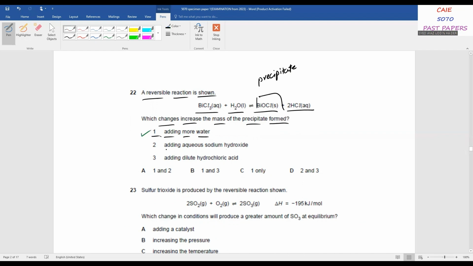Number 2, adding aqueous sodium hydroxide. What will happen if you add aqueous sodium hydroxide? Sodium hydroxide will react with HCl, and both of these will produce more water. More water produced means the equilibrium will shift to the right hand side. It means you will have more precipitate.